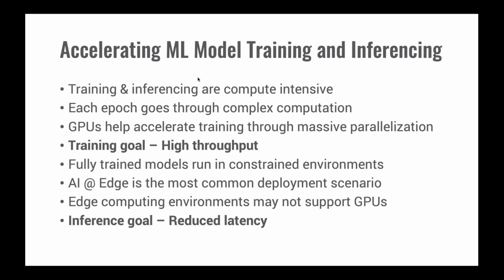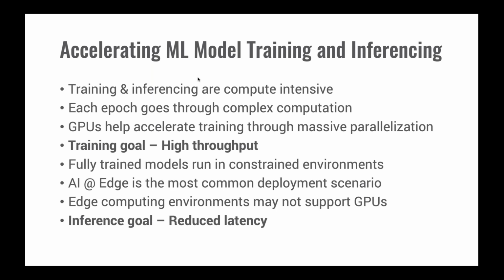So that's how GPUs accelerate the training process. The number one goal of ML training is delivering higher throughput, which means training larger data sets with complex neural network architectures at a very high speed. That is the goal of ML training.